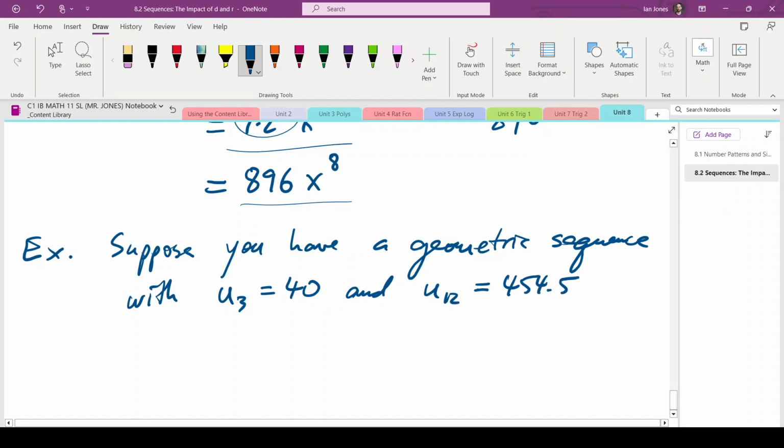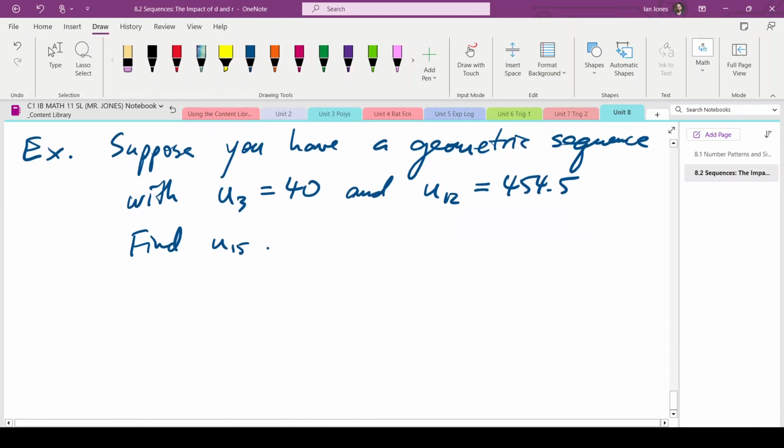Okay, and when I made this question, I had to round off a little bit. So there's going to be a bit of rounding in our answer, just to warn you about that. And now suppose they say, find u15. Okay, so this is a classic question where they don't give you u1.